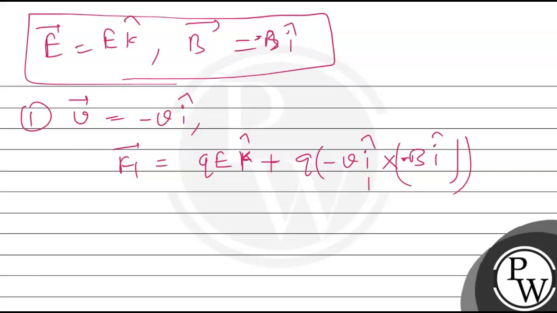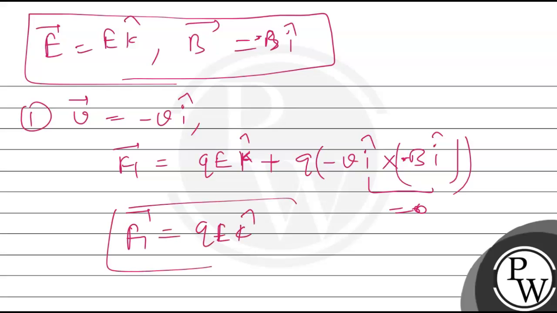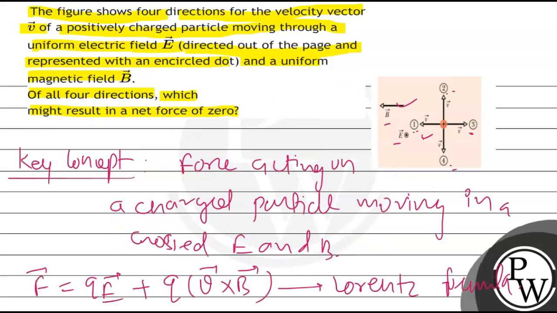The cross of i cap and i cap is always equal to 0 because both of them are parallel to each other and the angle between them is 0. So the force F1 can be written as QE k cap. From here we can see that the force has some finite value. It cannot be equal to 0. So case 1 is not our answer, where the resultant force could be 0.